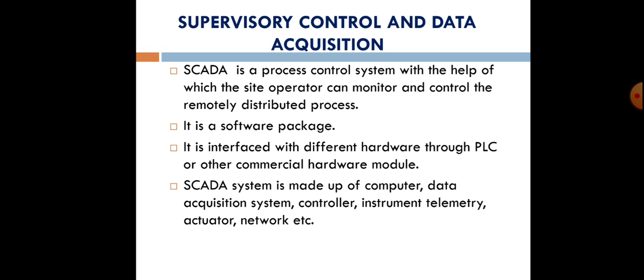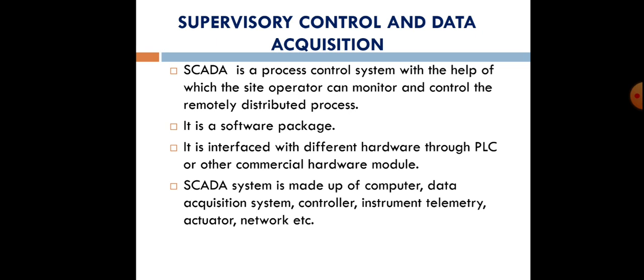It interfaces with different hardware through PLC or other commercial hardware modules. SCADA system is made of computers, data acquisition systems, controller, instrument telemetry, actuator, network, etc. The data gathered is analyzed at the central site and the data is displayed on the operator's screen. Control of the process is done either automatically or manually.